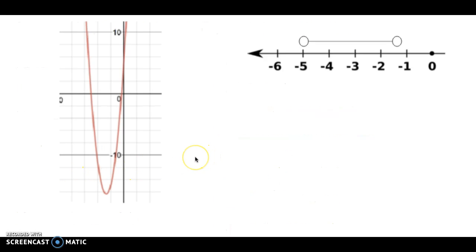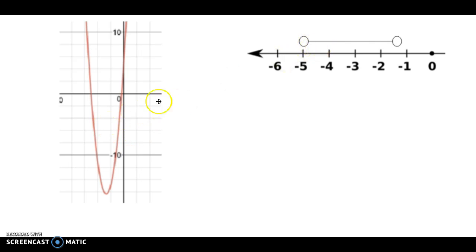Now here's why we are testing this. We saw that -5 to infinity was greater than 0, so that part's above the graph. -5 to -1/3, that part's below the graph. It's less than 0. So this was the part that was correct according to my boundary points. And then -1/3 to infinity, that was greater than.